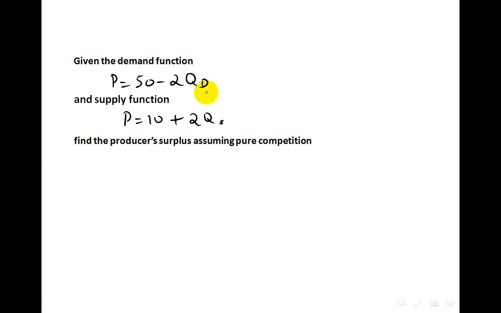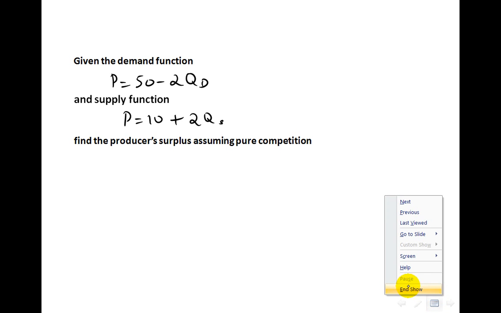It doesn't make any difference here whether it is Q squared or just Q. I just gave you the demand function and the supply function. They are linear here, but in the previous example they were quadratic, so it doesn't make any difference. Just integrate, find the market equilibrium, then find the producer surplus.